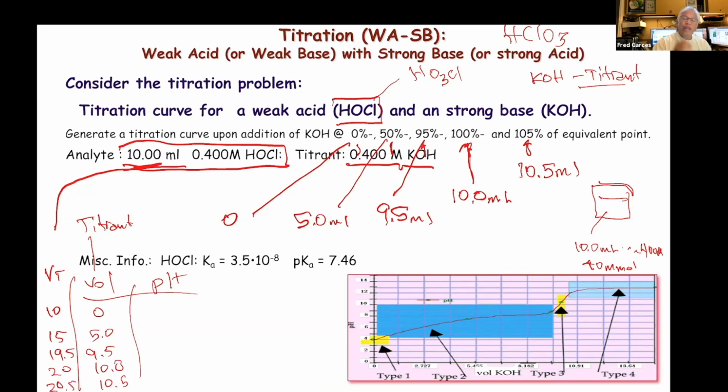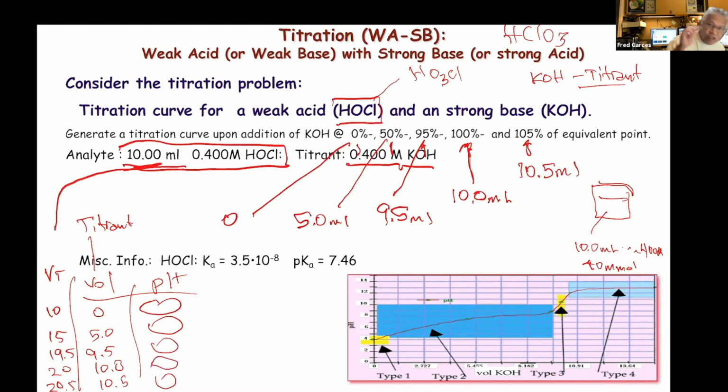Because whenever we're dealing with equilibrium, it's molarity that we use, not moles. Moles is for stoichiometry, but when we deal with equilibrium, the mass action expression, the Henderson-Hasselbalch equation, it's molarity. That's why you need a total volume. And the total volume will constantly change when you're doing the titration. Okay, so this is our job, to calculate the pH of this.